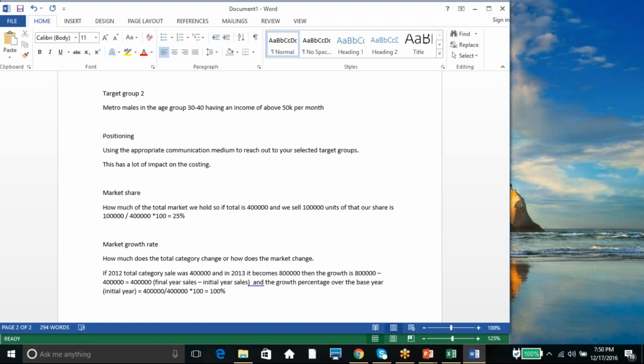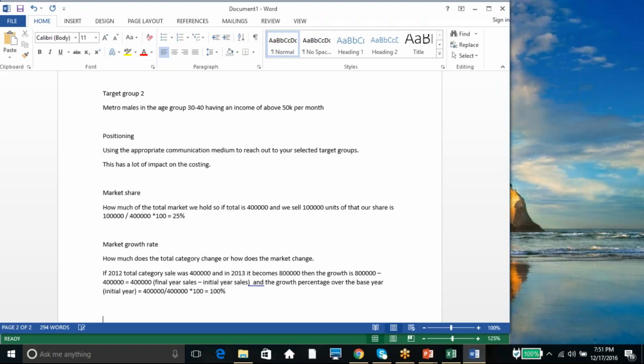So the market grew from 4 lakhs to 8 lakhs, whether you contributed or you did not contribute. And therefore, the market growth rate is 100%.